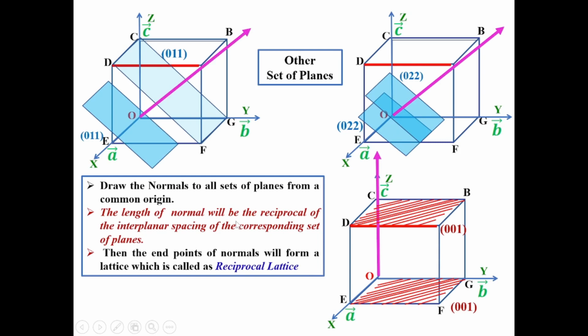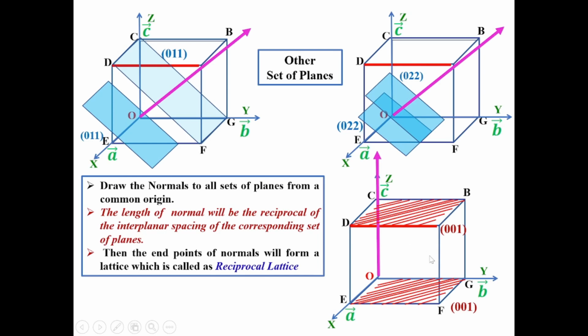The length of the normal: here we have drawn the normal, but how much length are we going to consider on this normal? This is step 2 we have to follow. The length of the normal will be the reciprocal of the interplanar spacing of the corresponding set of planes. So the length on the normal, how much distance are we going to consider? The reciprocal of the interplanar spacing of the corresponding set of planes.